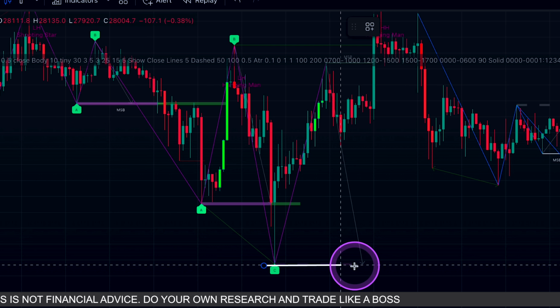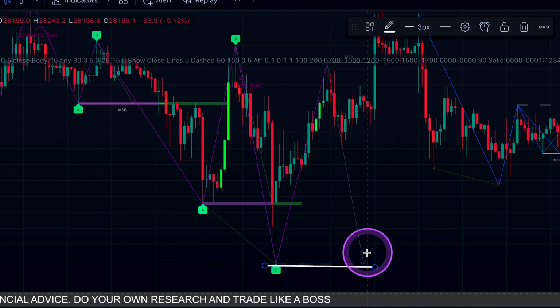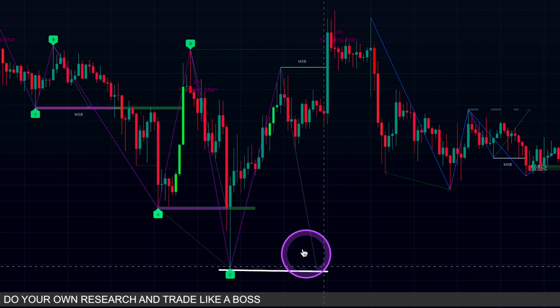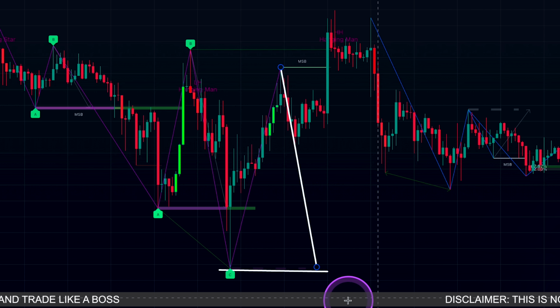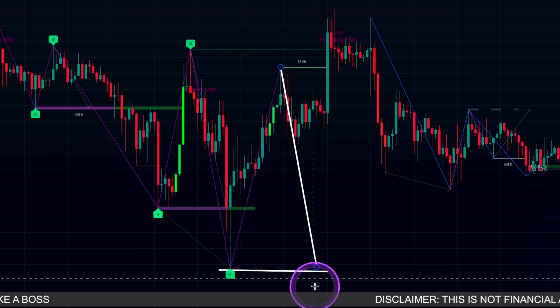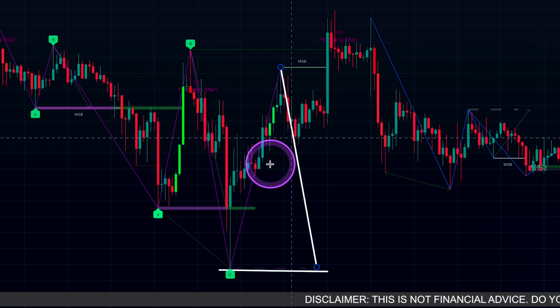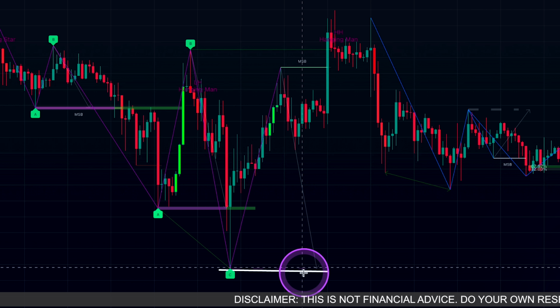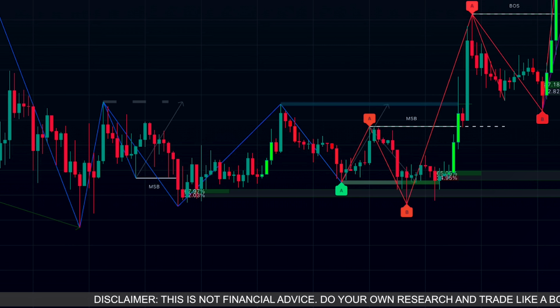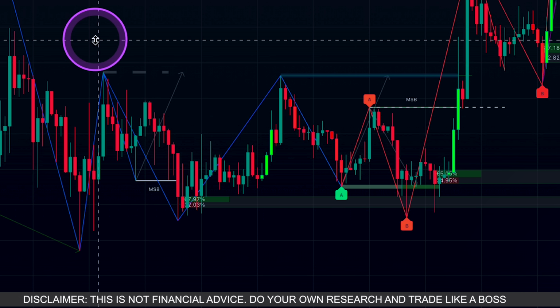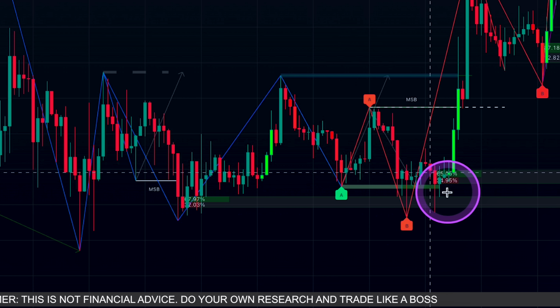You can see there's a dotted line just here. If price comes down into below this level here, there is an actual arrow here as well in white, where we can see if price comes down and breaks below. As you can see, it didn't. This would have been a perfect short to continue the trend. If I go back over here, we can see that we have had a W pattern just before an ABC, before liquidating.